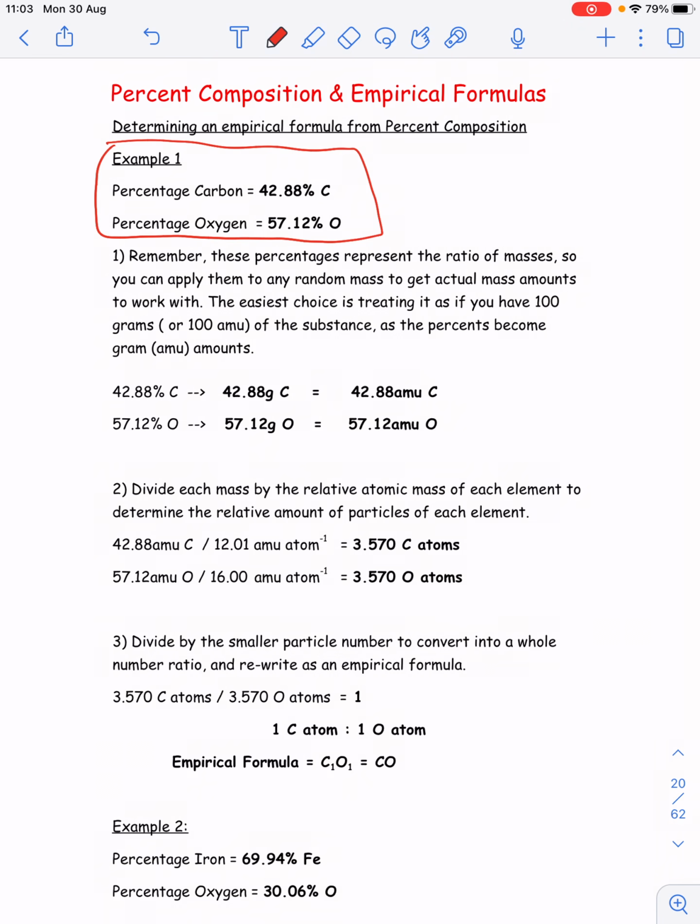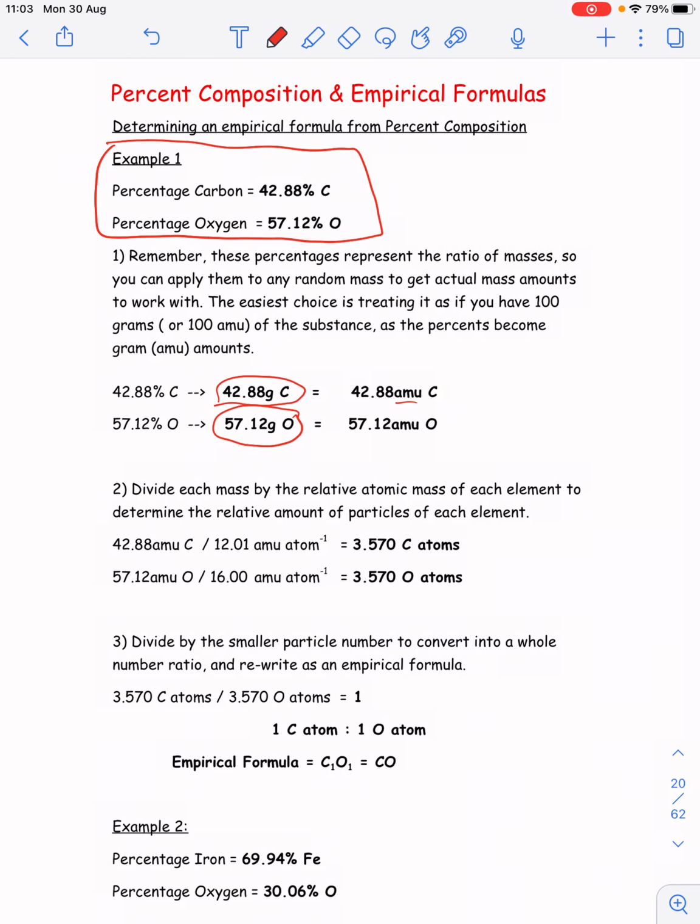Remember that that's a ratio of mass, so I can pick any masses I want so long as they follow that ratio, and I can treat it as though I have those masses, because I'm just trying to go from the ratio of mass to the ratio of atoms. So the easiest way to do that is to say, well, if I have 42.88% carbon, then if I had 100 grams, I'd have 42.88 grams of carbon, 57.12 grams of oxygen.